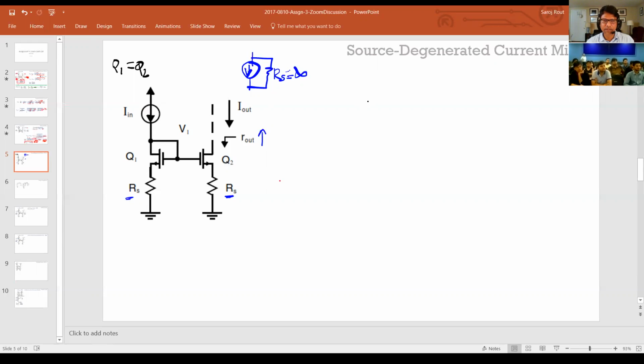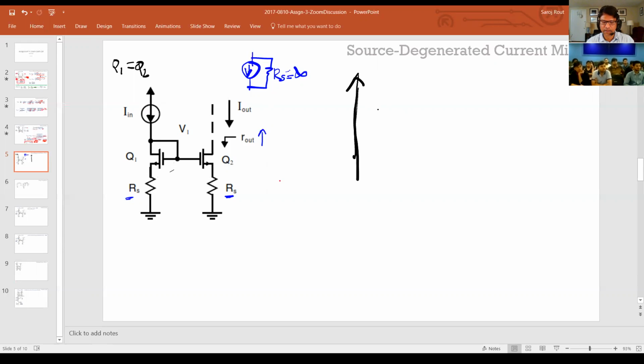And kind of intuitive, because you can make out that if this IS RS is the same, this IS RS has to be same. That's the only way this VGS will be same. Now, I'm just going to quickly show you graphically why that's the case.